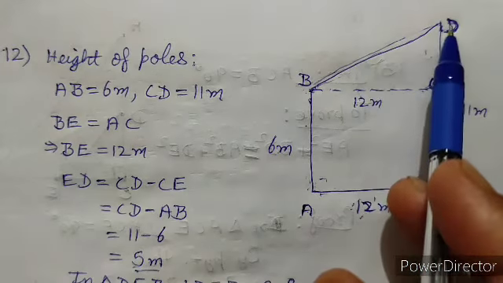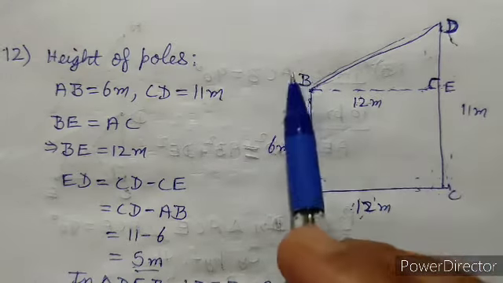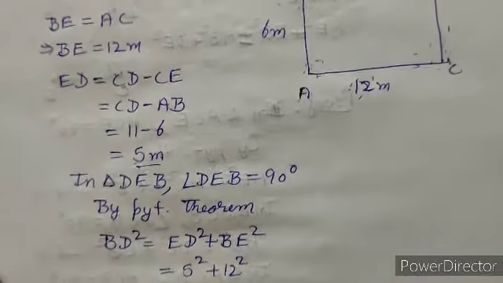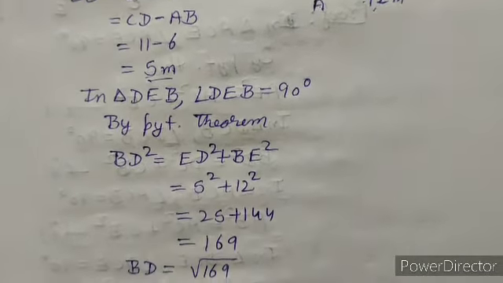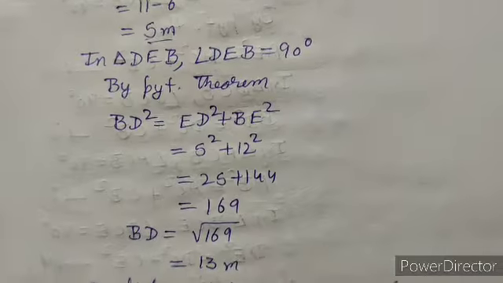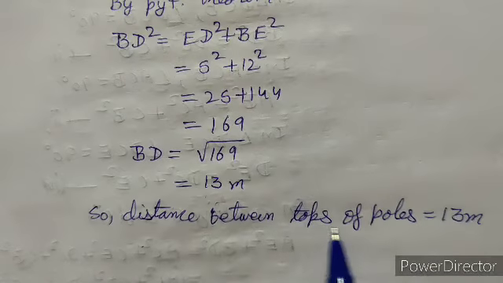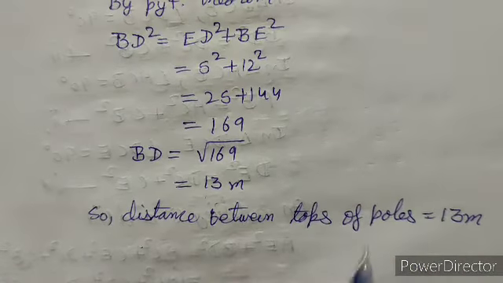Now we can apply Pythagoras theorem in triangle DEB to find the value of BD, and that will be the distance between the tops of the poles.